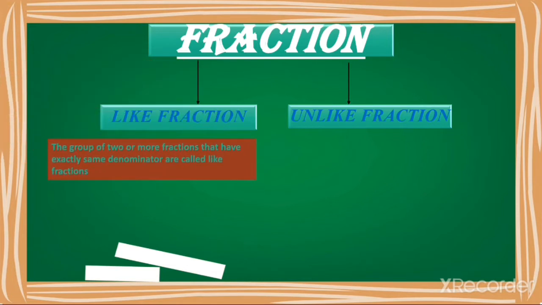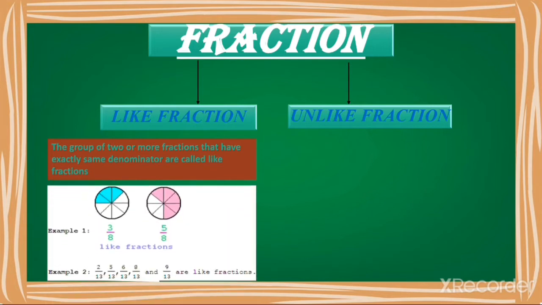The group of two or more fractions that have exactly the same denominator are called like fractions. Students, as you have seen, fractions are written as numerator and denominator. So, when the denominator of two fractions is the same, those fractions are called like fractions. Let's see the example. Here in the image you can see there are fractions written.